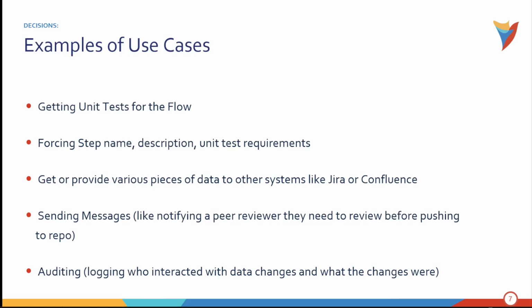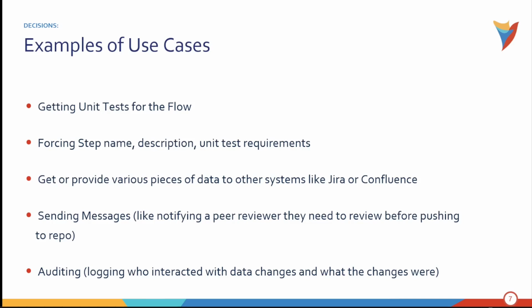So maybe between check-ins, a user is going in and saving and closing and saving and closing this flow to make various changes 10, 20 different times before they officially check it into the repository. This would be able to track that. You could use the before and after saves to audit that and see how many changes were made, how often they were made, who's making those changes, that kind of thing. So it can be very useful.